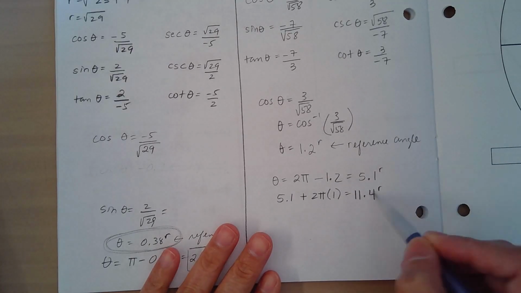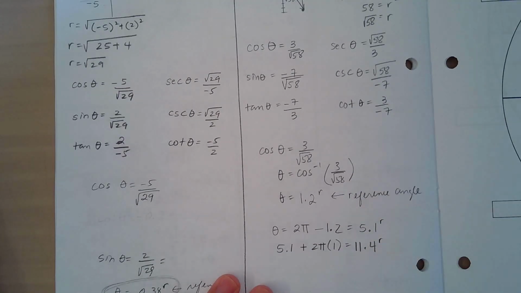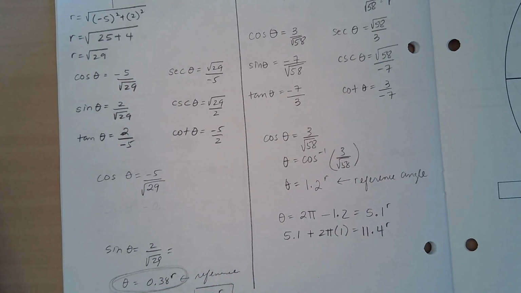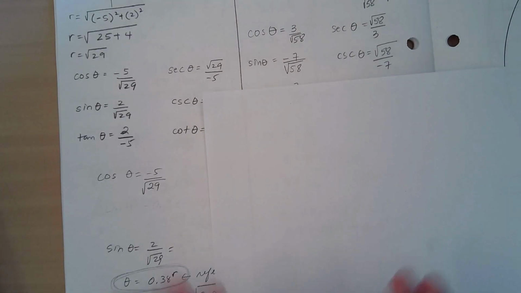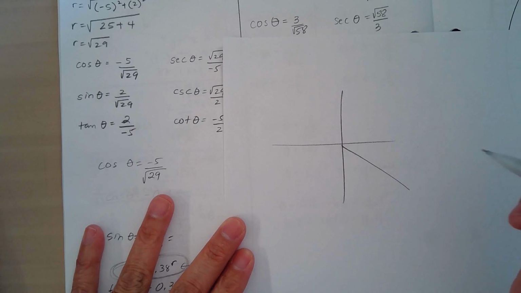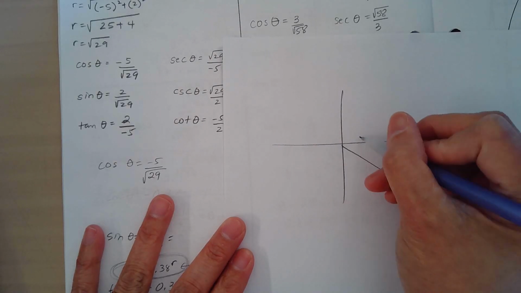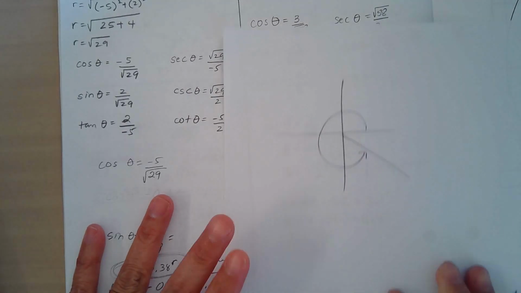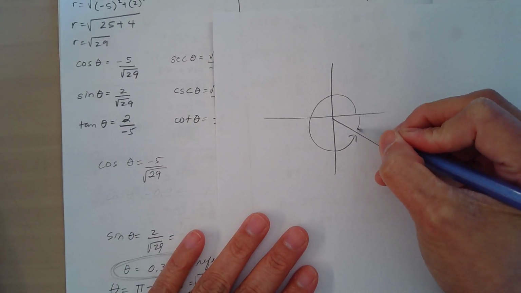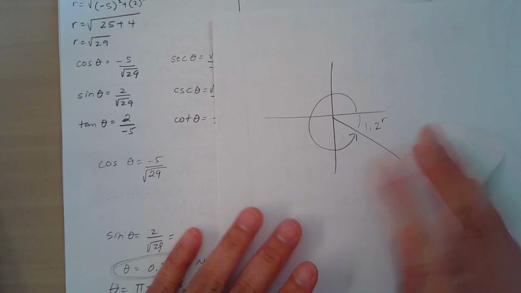Okay, so these are the positive angles. Now we're going to go to the negative angle. So our angle is 1.2. Okay, I'm going to need a piece of paper. This is going to be 1.2 radians, right?